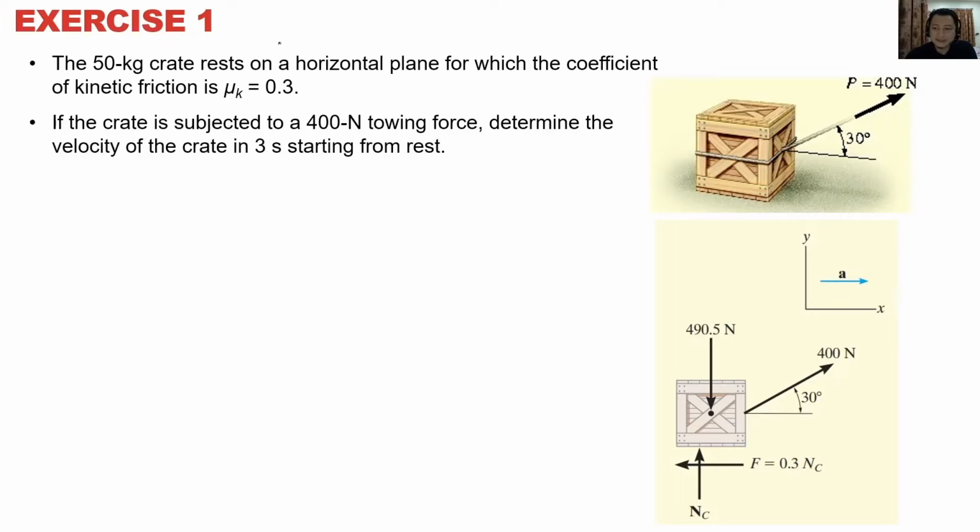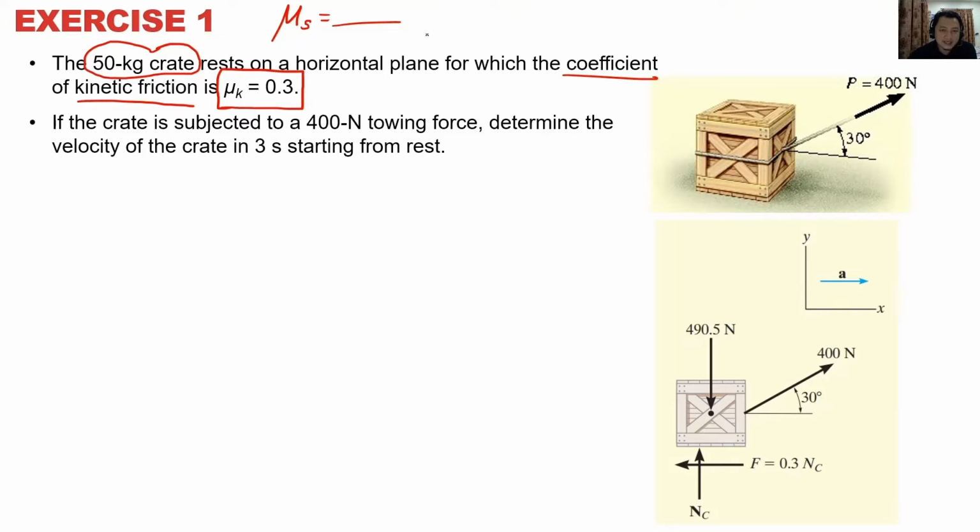So let's do an example. Once we do examples, we can really understand what we are talking about. Let's say we have a box on the floor. It weighs 50 kilograms. The coefficient of kinetic friction is now 0.3. Previously you had the coefficient of static friction.